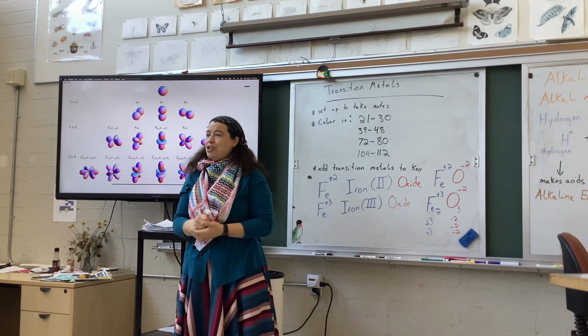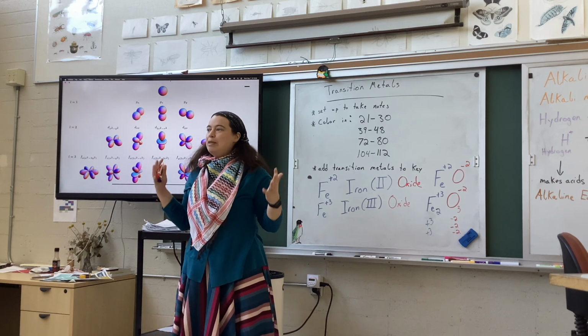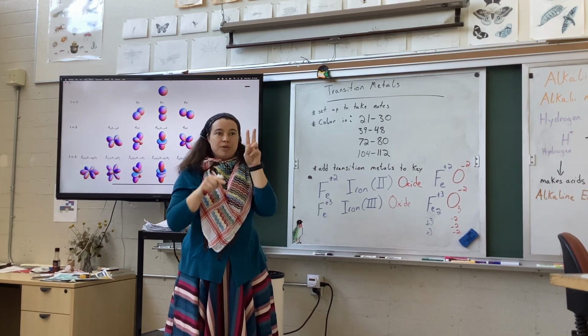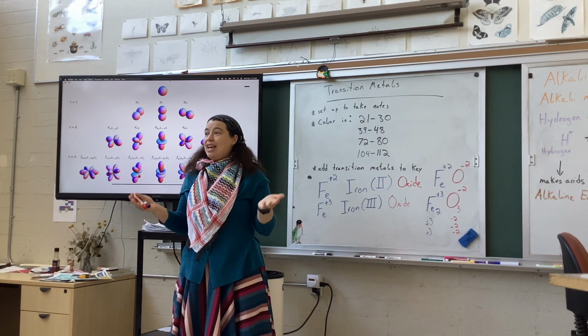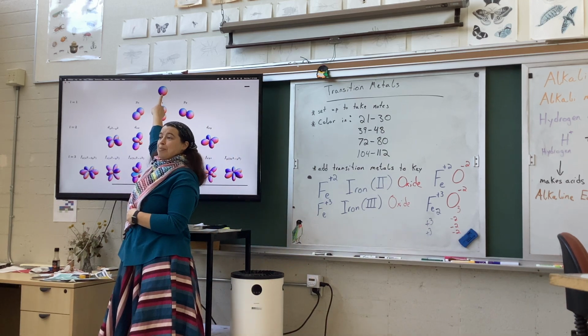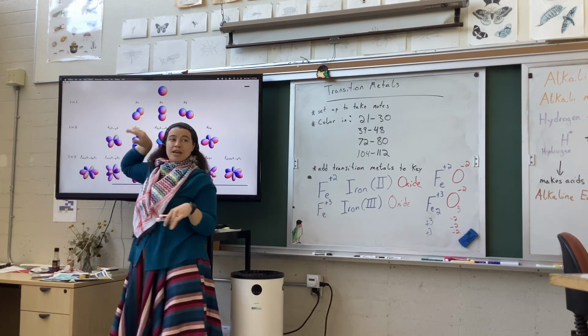I want to point something out. You know how we keep having hydrogen and helium being a little bit weird and wonky because that first shell only fills with 2 valence electrons? What's really happening there is the first shell is just a single s orbital that is capable of holding 2 electrons. Okay?